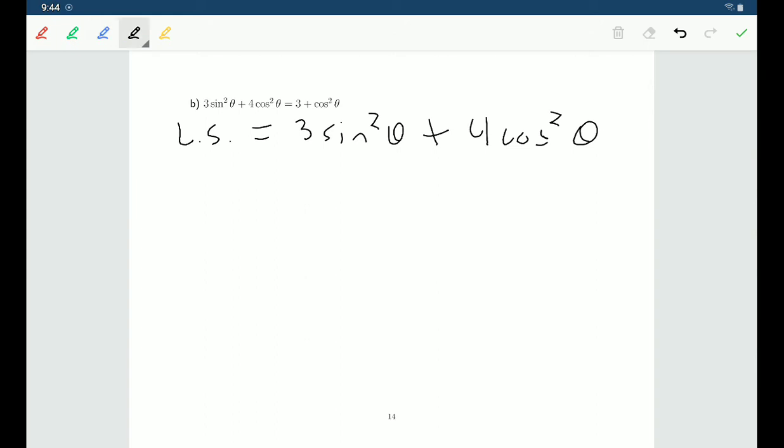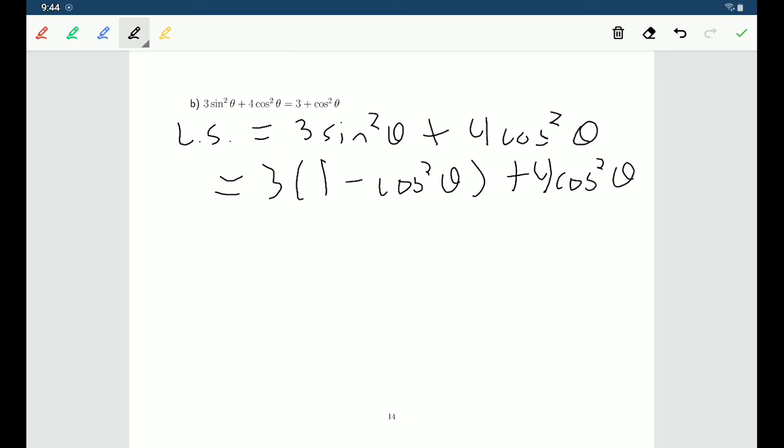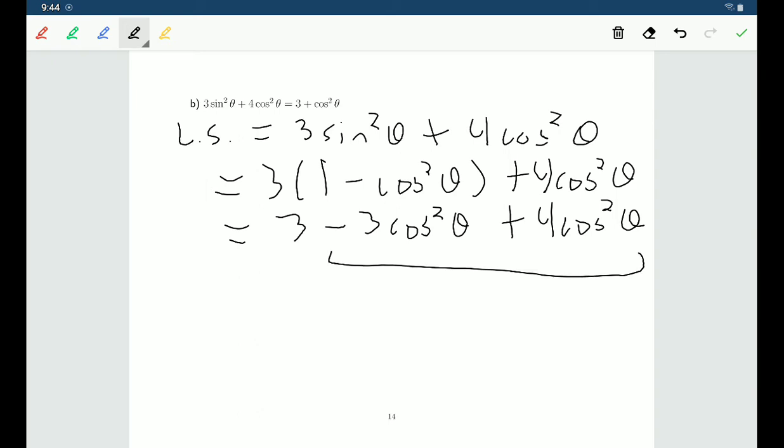So instead of having 3 times sine squared theta, I'll have 3 times 1 minus cosine squared theta. And then at that point, it's pretty much finished, because I just need to now expand 3 times 1, 3 times cosine squared, and then I can combine together the cosine squareds, negative 3 cosine squared plus 4 cosine squared, that's the same thing as 1 cosine squared.